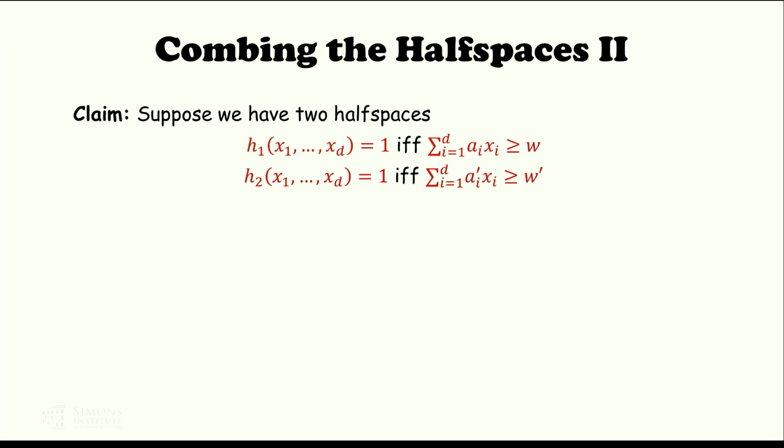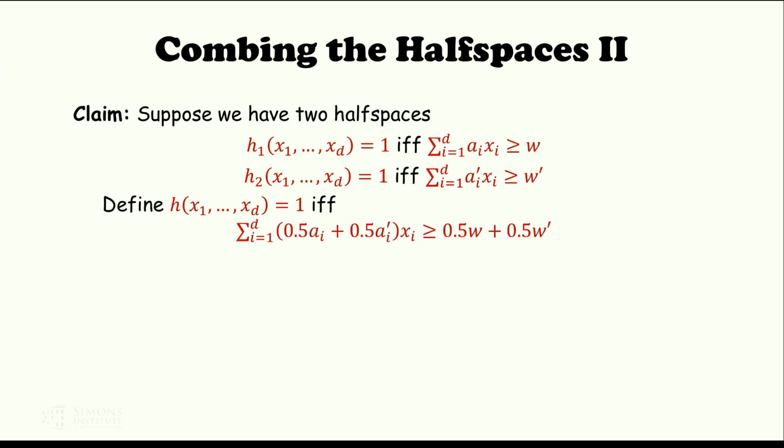Again, it returns 1 if the sum is bigger than W prime. And now we'll take the average of these two half spaces. We take 0.5 A1 and 0.5 A1 prime and so on, and we multiply that by x1, and we take the average of the weights, W. So this is the average of two hypotheses.